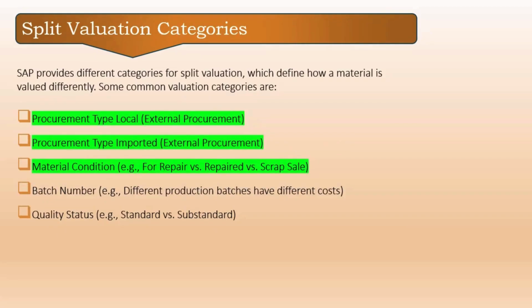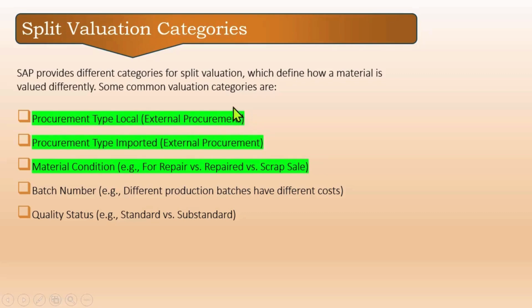Split valuation categories. SAP provides different categories for split valuation, which define how a material is valued differently. Some common valuation categories are these, so just try to understand. Procurement type local is external procurement.